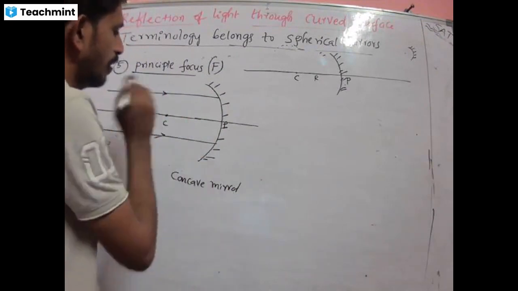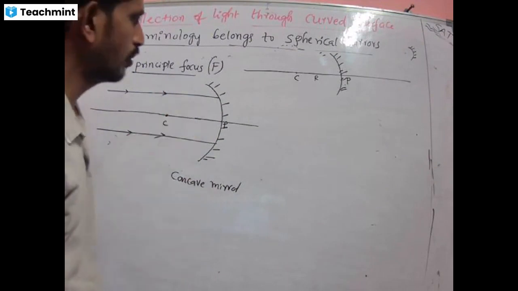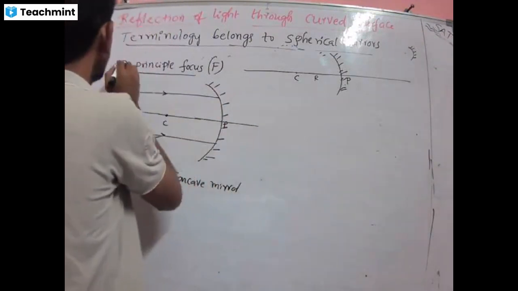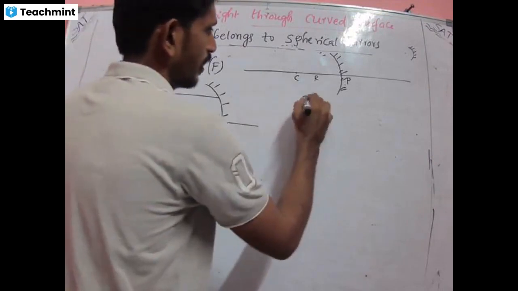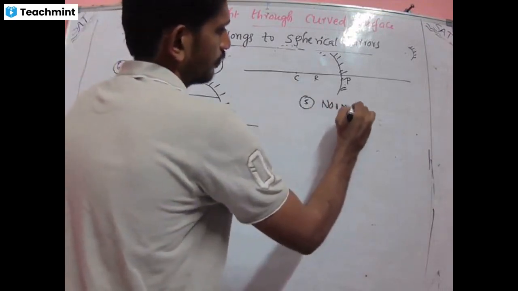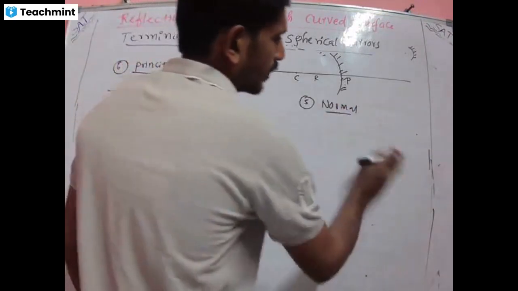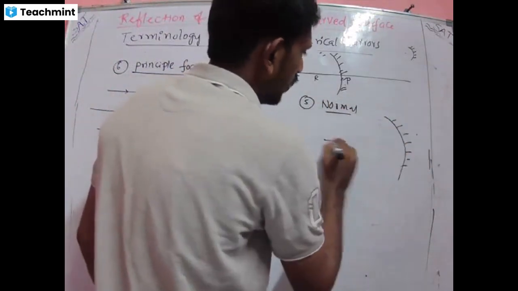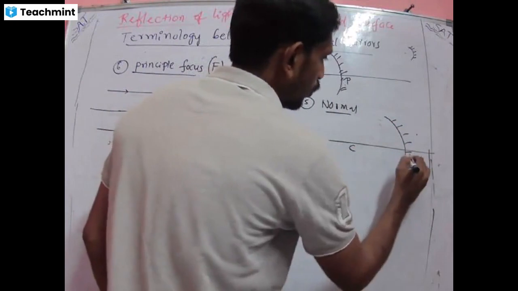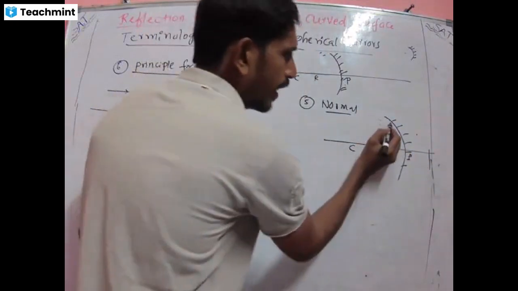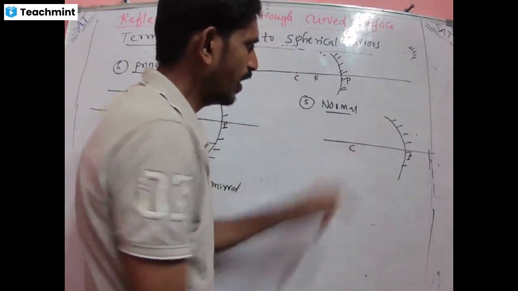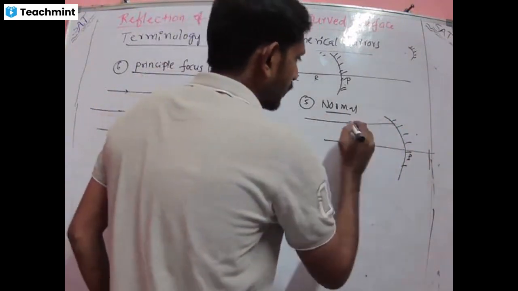first we draw the normal. Before that, I want to define the normal. What is the normal? For example, this is my concave mirror, this is my center of curvature, and this is the pole. So what is the normal at this point? Just for example, this is my incident ray.